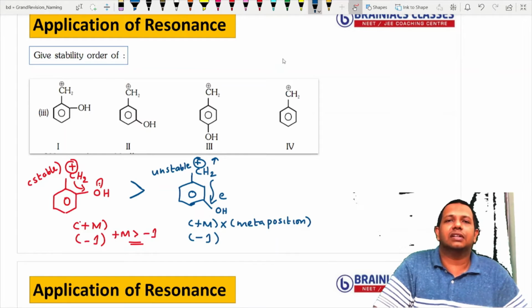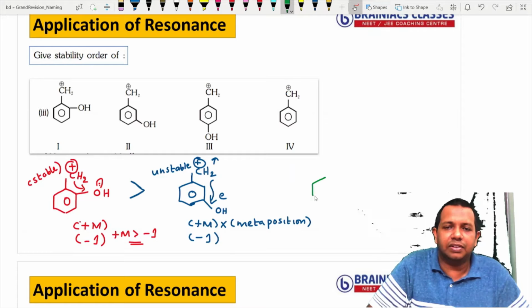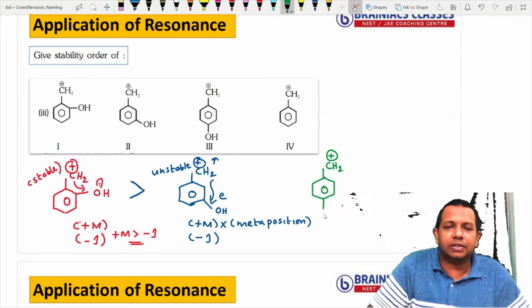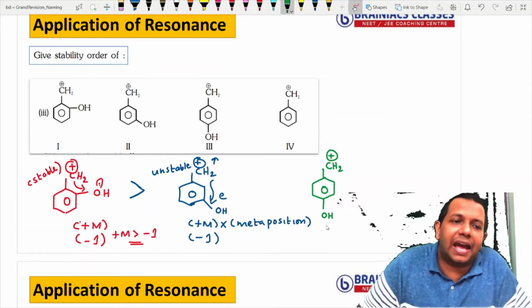Now let's take the third one. In the third one, you have again a benzene ring present. You have CH2 plus here, and the OH group is connected here. You can see the OH group is present at the para position.